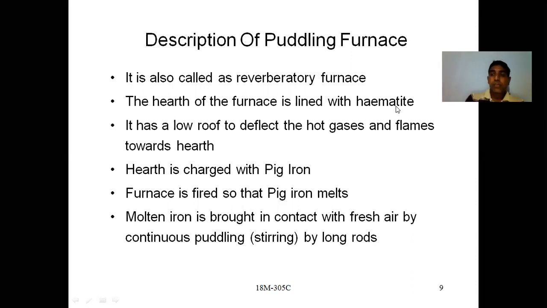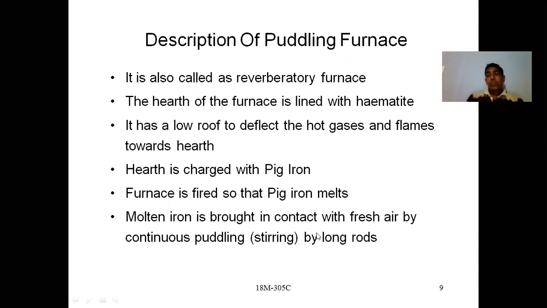And later, from the charging doors, we are going to charge pig iron. When the furnace is fired, you will get heat, and because of that heat your pig iron melts. When the pig iron melts, we have to send fresh air such that it reacts with the molten metal and removes the impurities.